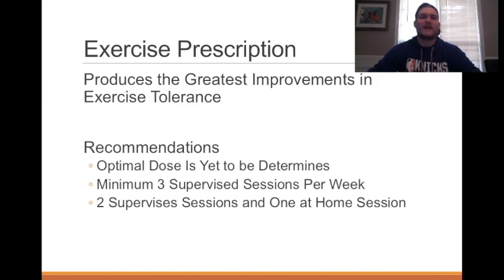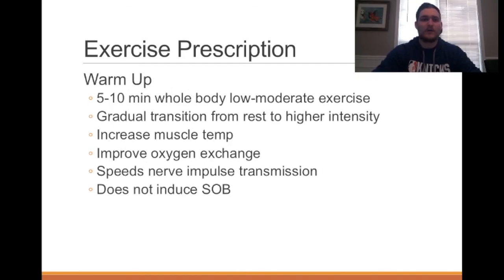So always having supervision with a patient with a condition is optimal. At minimum, 2 supervised sessions and 1 at-home session where they get lighter intensity of exercise on their own.